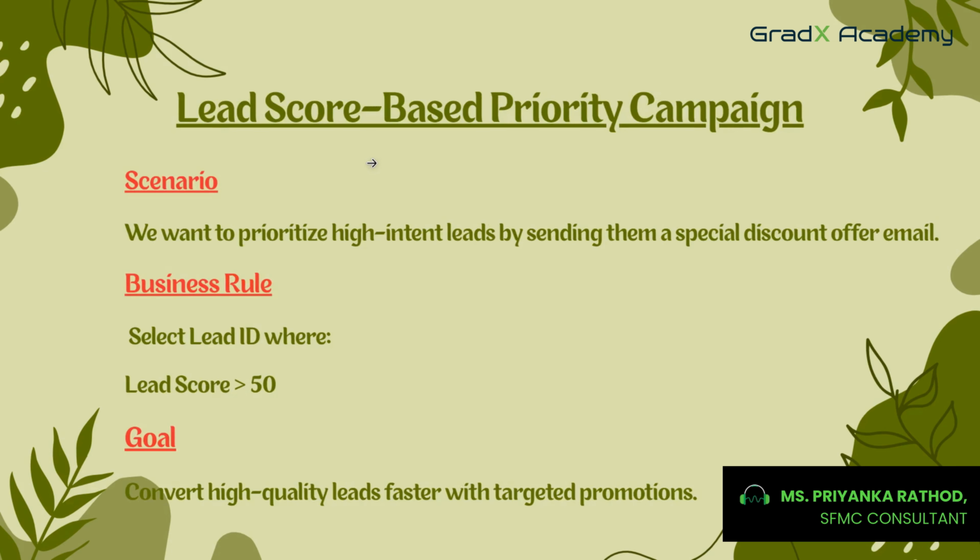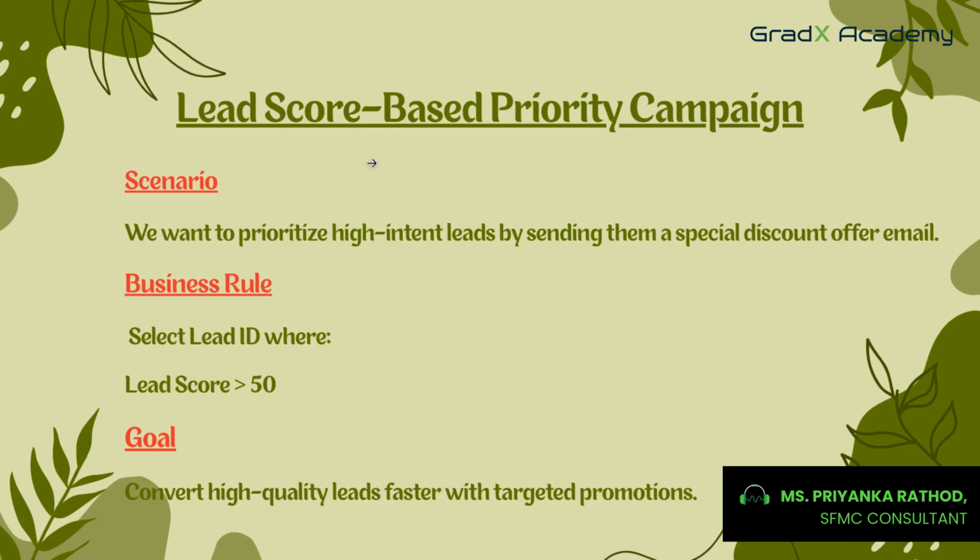Let me explain a use case, guys. This is a very practical example used by most marketing teams. In this scenario, we want to prioritize high intent leads by sending them a special discount offer email. We have a data extension that stores customer and lead data, with a lead ID and the lead score.